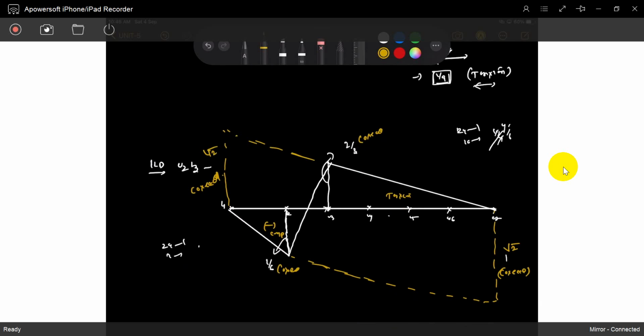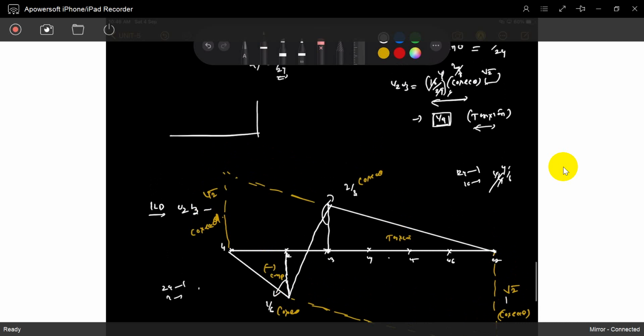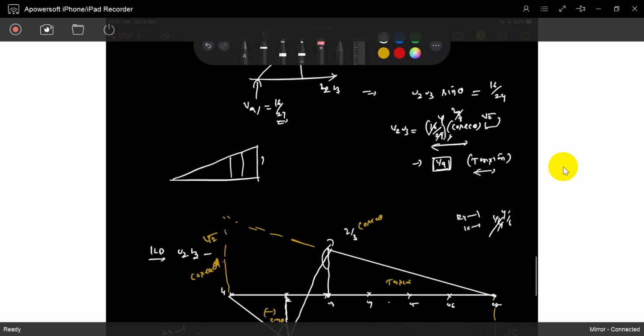So that's it. It changes from 0 to root 2 constantly. But there is no need to draw with respect to root 2. You can draw with respect to 1 and multiply every point with root 2. That's enough. Every segment, every ordinate, you can multiply with root 2. We multiply every value with root 2.